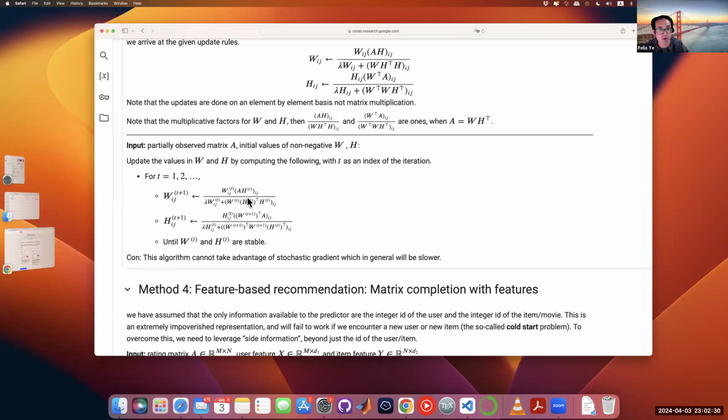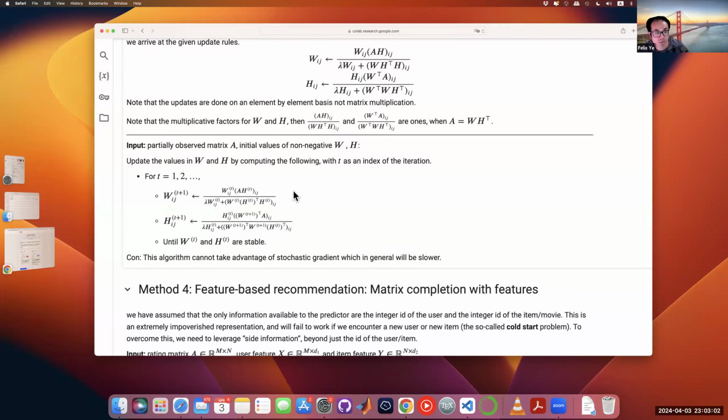You have your current H_t and current W_t. You do everything entry-wise for these ij's, so you loop through all these ij's. And also right here, since you already updated W, you can just use the updated W_{t+1}. So you keep doing this update. This will be your update rules for the Lee and Seung update method. This can ensure it stays non-negative.